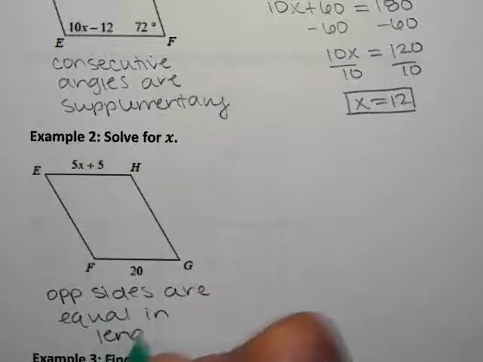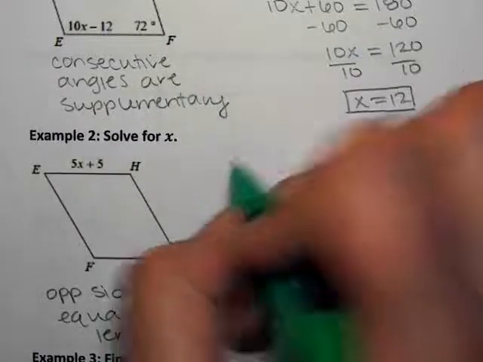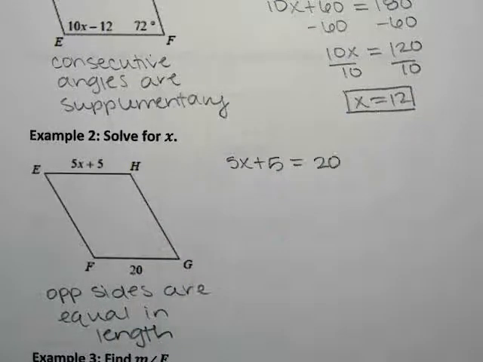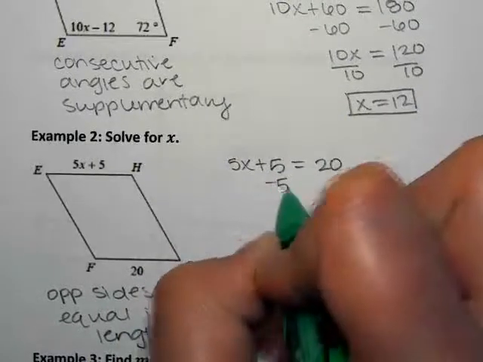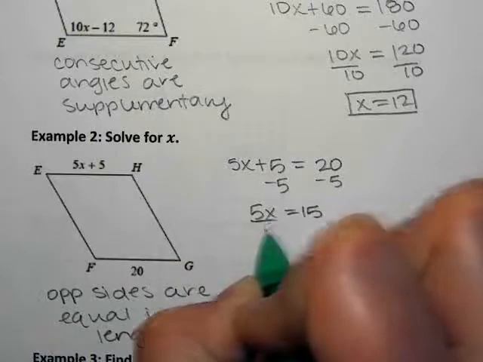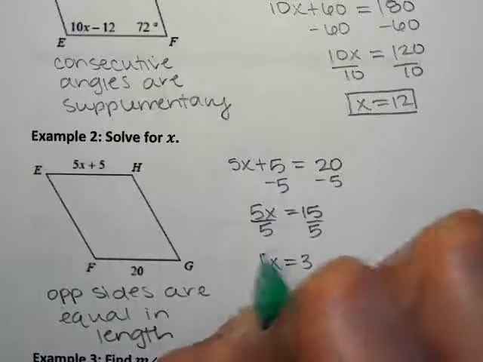Or you could say they're congruent, either way. So we're going to say 5x plus 5 equals 20. We'll go ahead and solve for x, minus the 5 over. 5x equals 15. X equals 3. Okay?